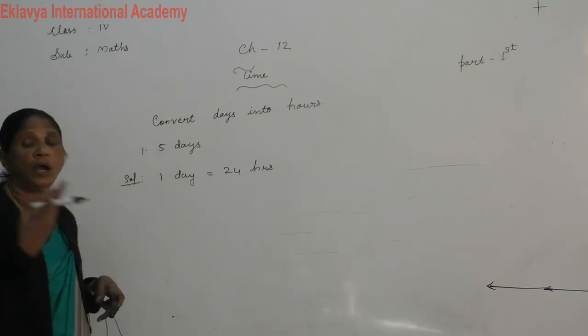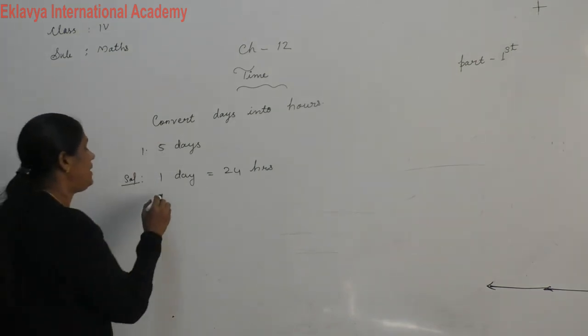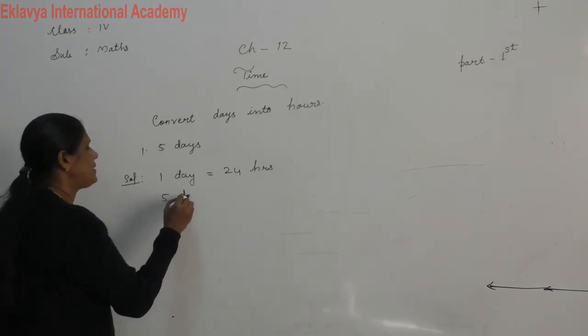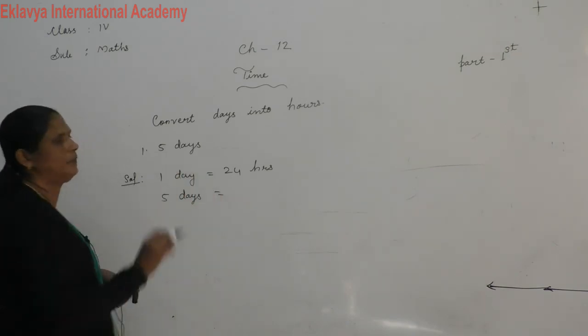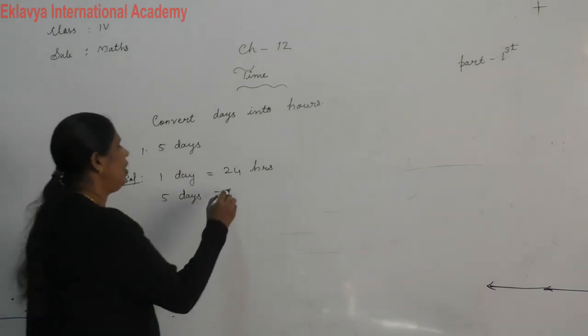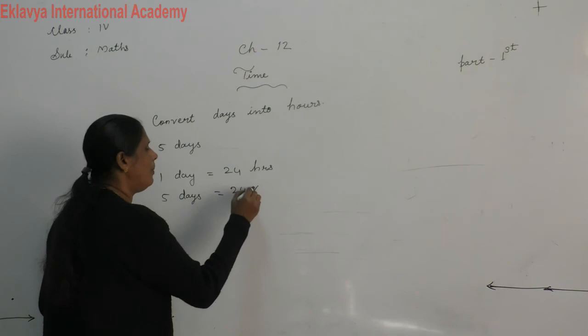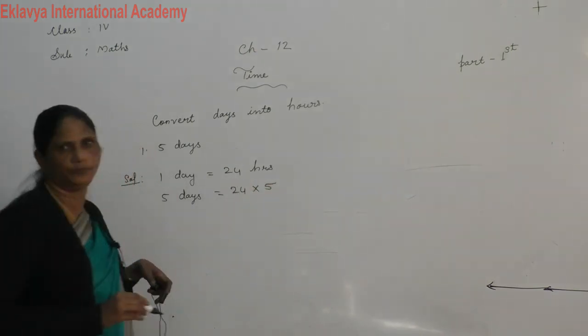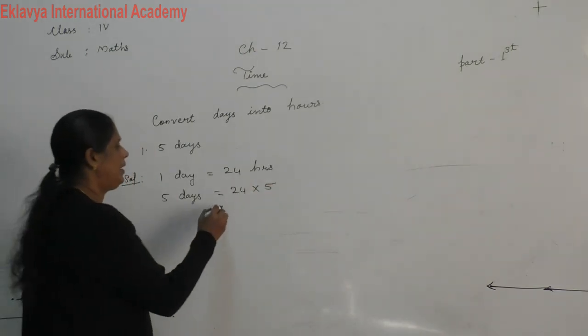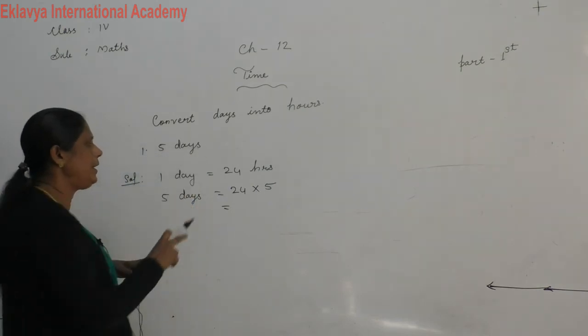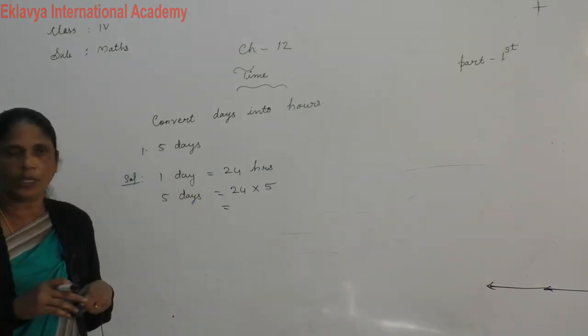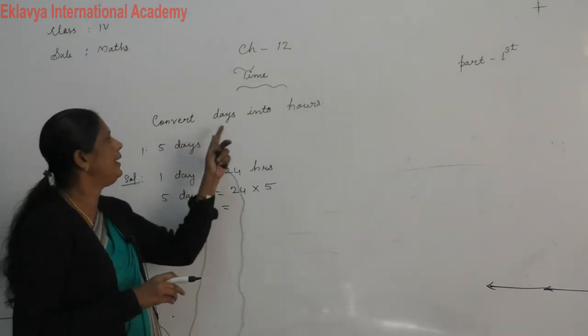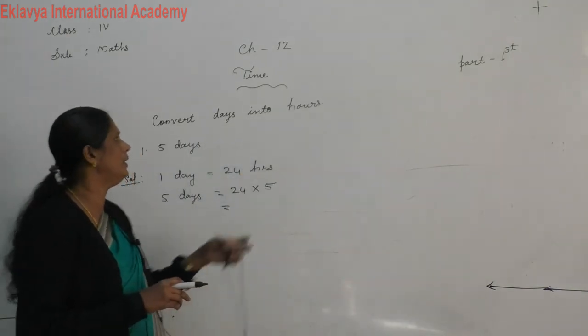How many days do we have? 5 days. 5 days is equal to 24 multiply 5. Convert days into hours.